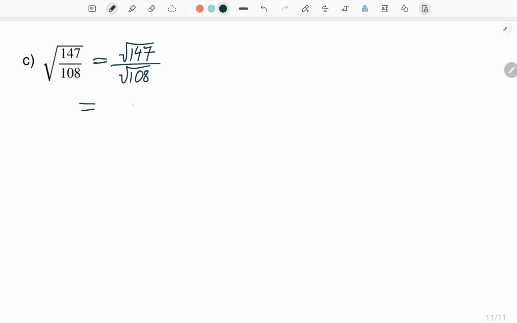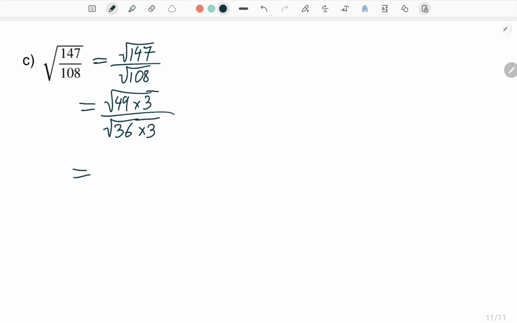So how can we simplify root 147? This one's a little bit more work to figure out, but what you'll see is it's actually 49 times 3. What about 108? Well, that's actually 36 times 3. So sometimes it does take a little bit of effort, but again, you're just checking the perfect squares.